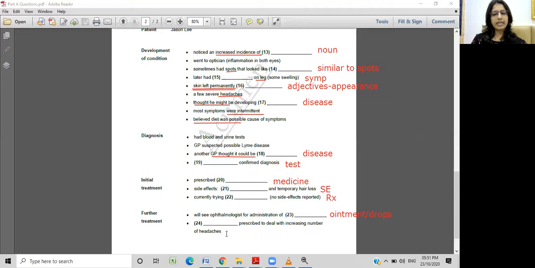And finally, again, to deal with increasing number of headaches, so I'm looking for medicine. What medicine has been prescribed, right?